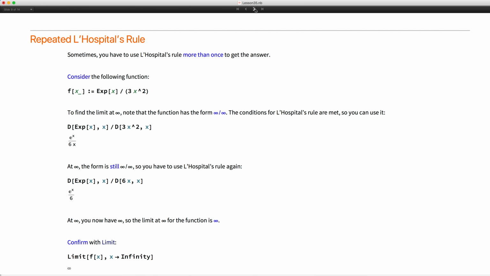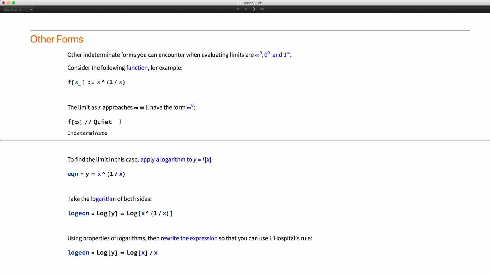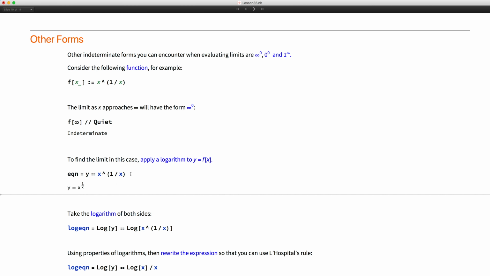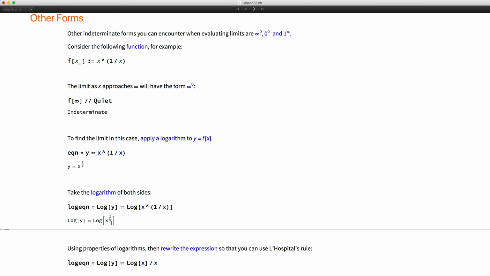Okay, now some more indeterminate forms. So we have infinity raised to 0 to begin with. Here's an example. So let's say you have x raised to 1 over x. So if x goes to infinity, you get infinity raised to 0. So that's an indeterminacy. But what you do in this case is you apply a logarithm. And when you do that, then you get back something which is going to be much more practical, because the law of logarithm says this is log x over x.